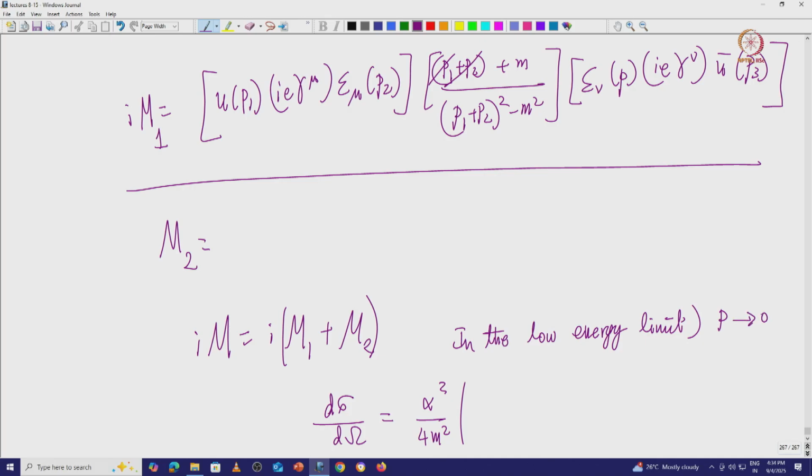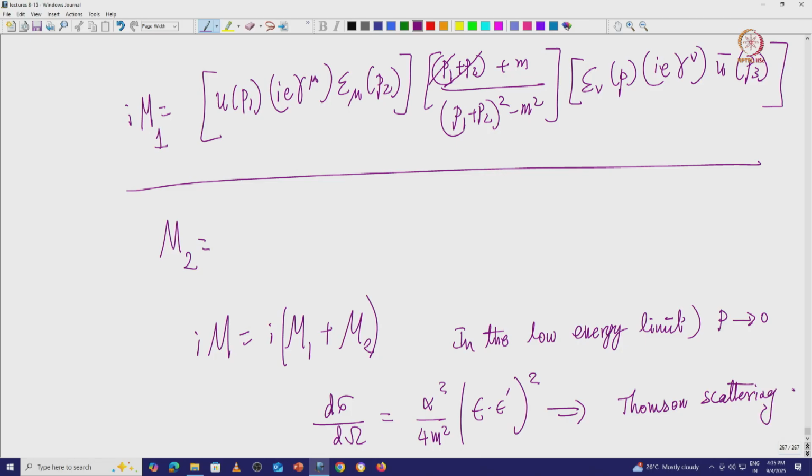In the limit P goes to 0, this will become essentially the product of epsilon, or I used epsilon prime I think, epsilon prime the outgoing momenta, whole square. So, this will be equivalent to the Thomson scattering essentially in the low energy limit.